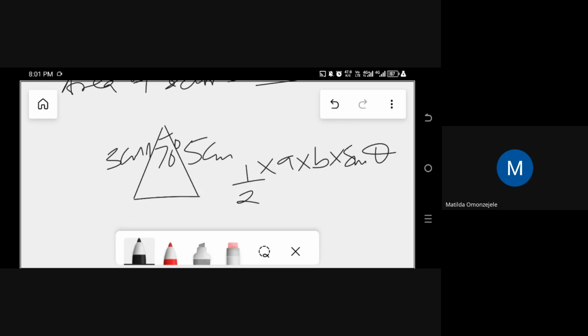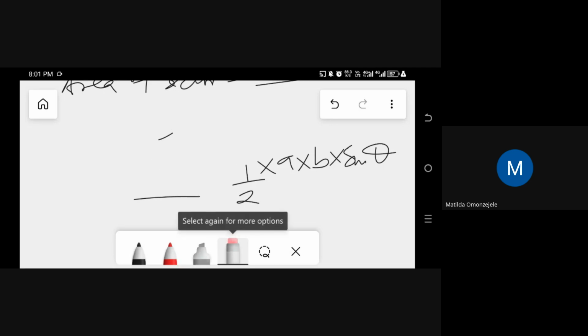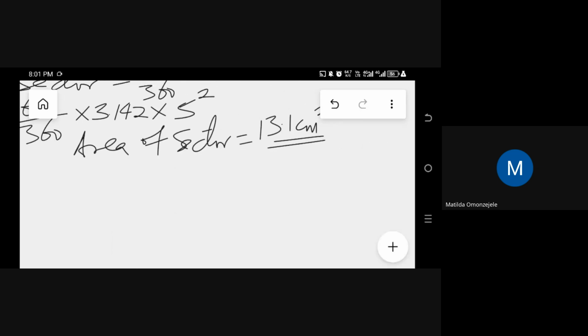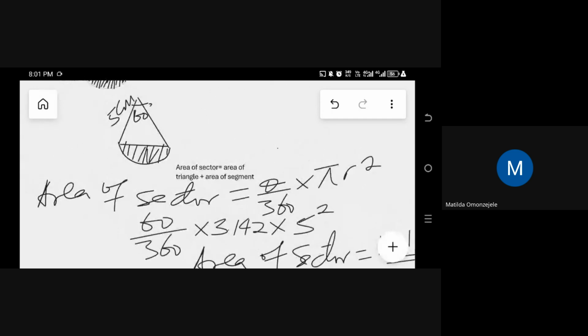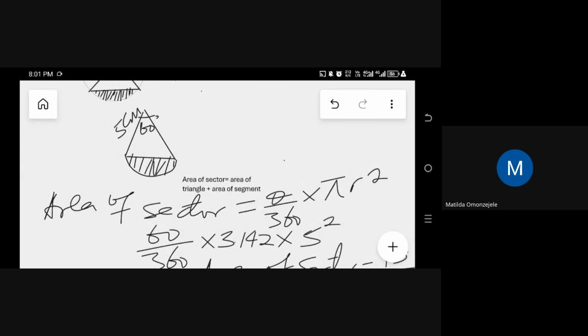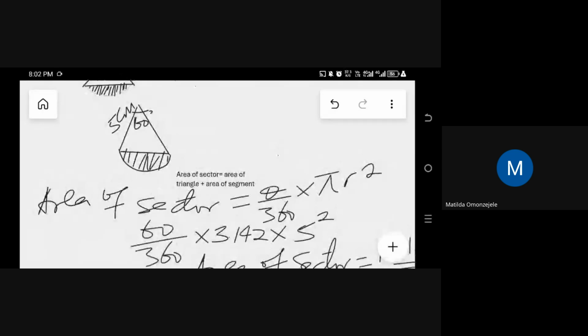So take note of that. In this case, you can't use half base times height, because look at this: what you have is an angle there, no base, no height. So to get the area of that triangle at the top, you have to use half AB sine theta.